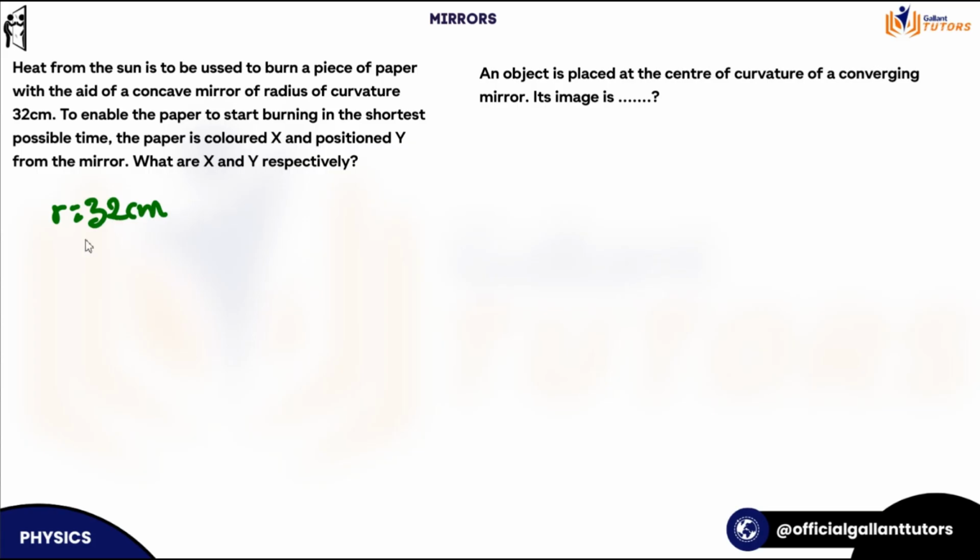The color of the paper, and also the position of the paper. Now, a beam of light from the sun is more like a beam of light from infinity.